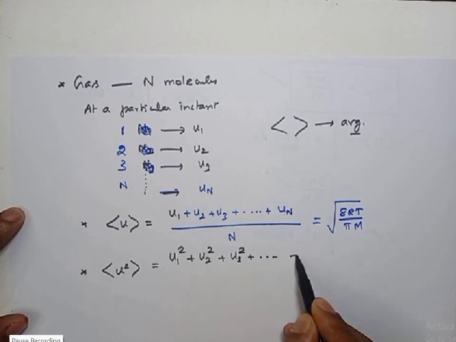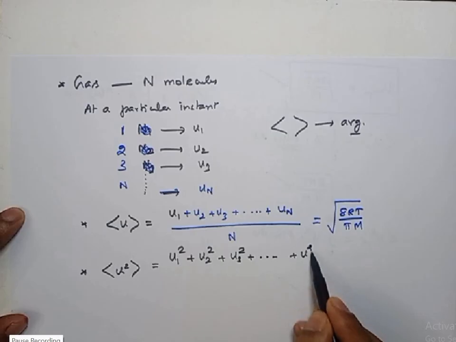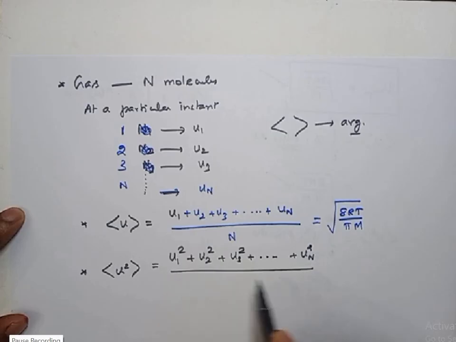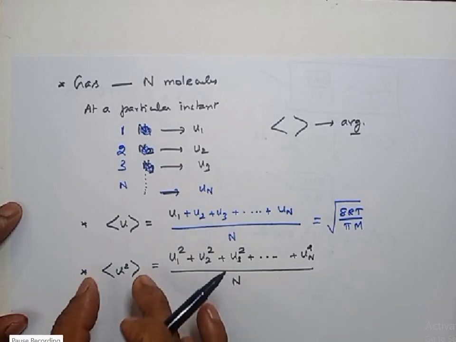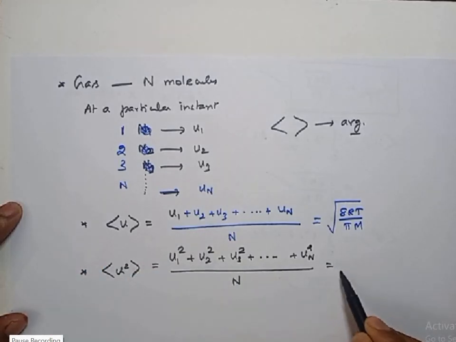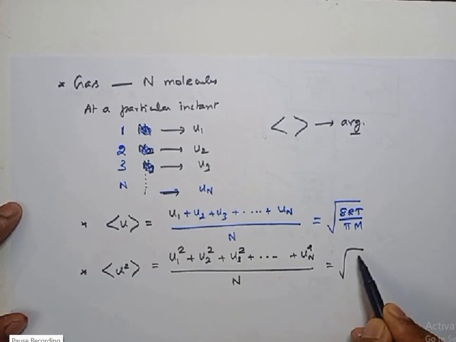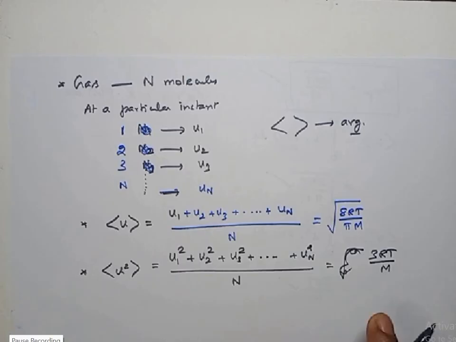Like that, you take the square of all the velocities and divide this value by the total number of molecules. This will give you the average of the square velocity, which is equal to 3RT by m.